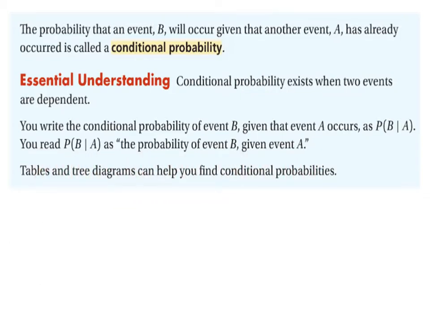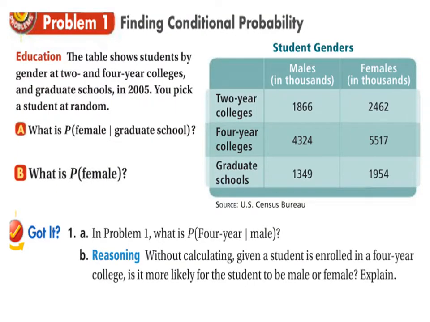We'll use tables and tree diagrams to help us find some conditional probability. Now, given a table like this one, we can find some different things. For example, this first part A: find the probability that a student is female given that they are in graduate school. What we do there is we really only look at this bottom row of our table, because it's a given that we're looking at just graduate school students.